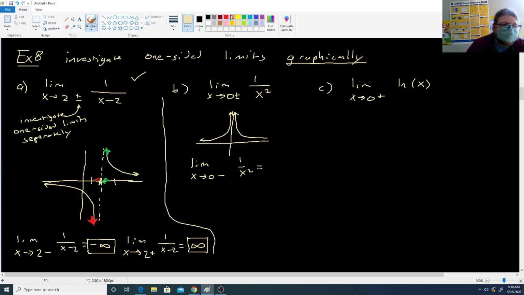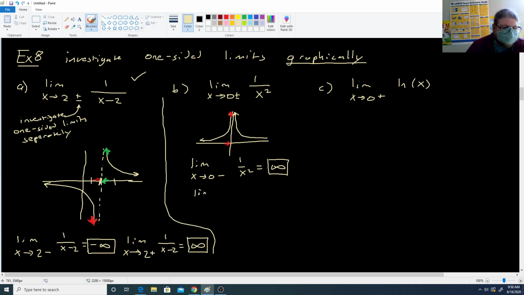As we approach 0 from the left, x equals 0 is the y-axis. As the x's get closer here, we ask what the y's are doing. The y's are running upwards, so that's going to go off to positive infinity.